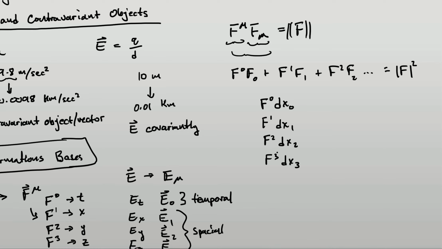And so we can write this in full generality. If we want to know what f is, it's equal to f0 dx0 plus f1 dx1 plus f2 dx2, and so on.